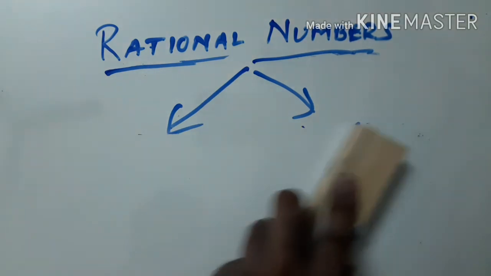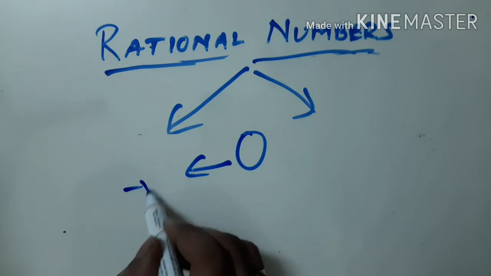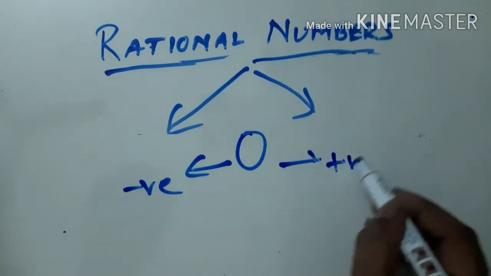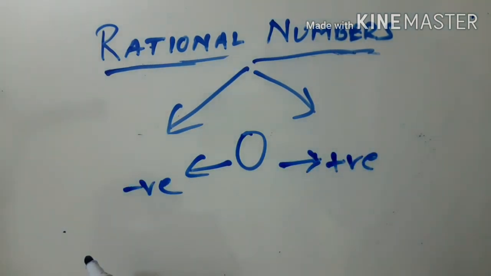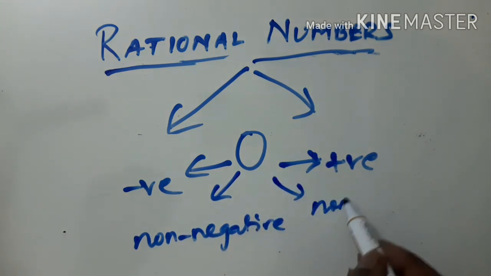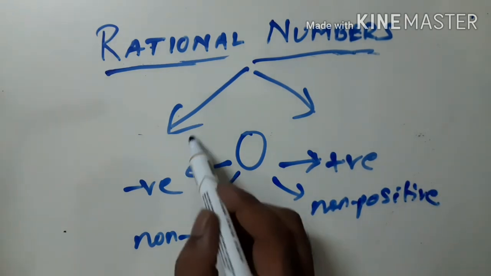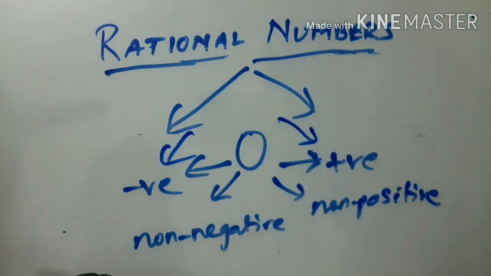Now what about 0? 0 is neither a negative nor a positive rational number. So we can call 0 a non-negative or a non-positive rational number. It doesn't come under anything, neither negative nor positive.